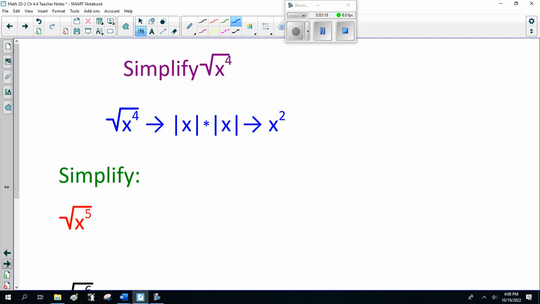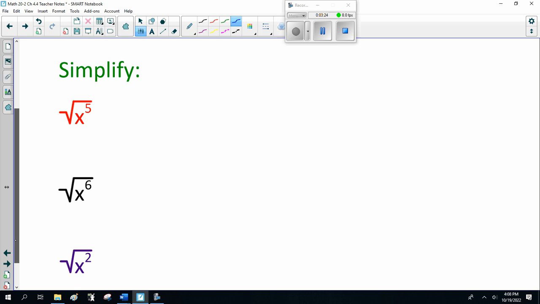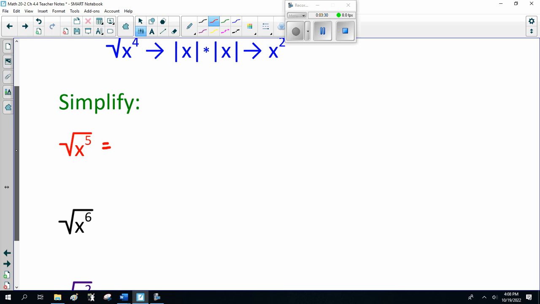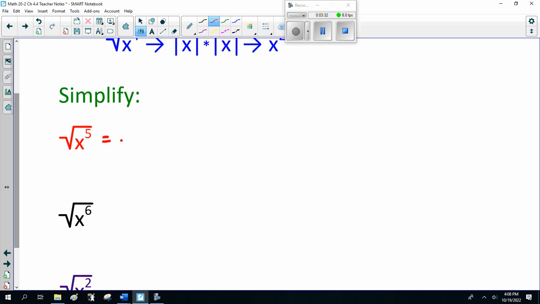Here, you should notice a pattern. If I ask you to simplify the square root of x to the fifth, that is the square root of x squared times the square root of x squared times the square root of x. Remember, when we multiply numbers together, we add the exponents.